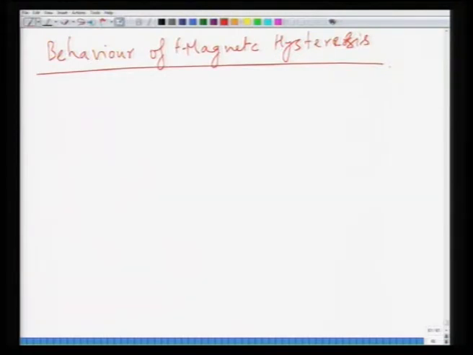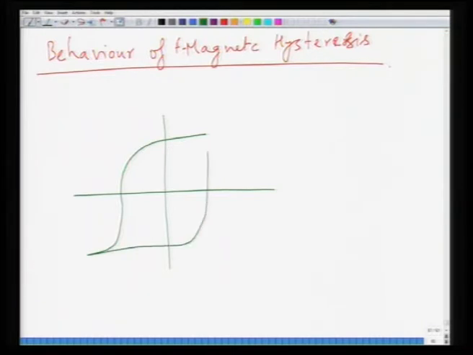hysteresis. Now, we have said that you have a ferromagnetic material like this, and this is how it looks. So, you have plus Mr, and this is your M, minus Mr, plus Hc and minus Hc, and this should be a straight line actually.